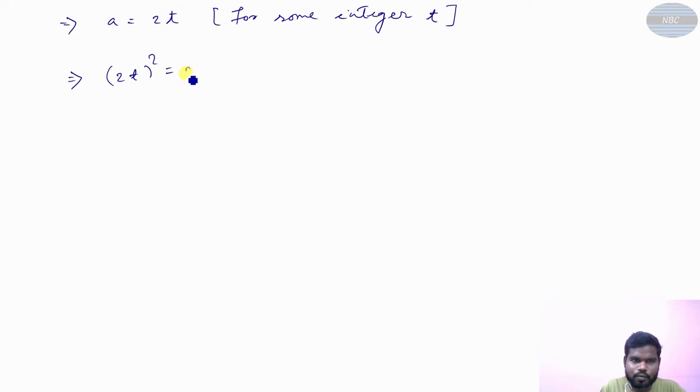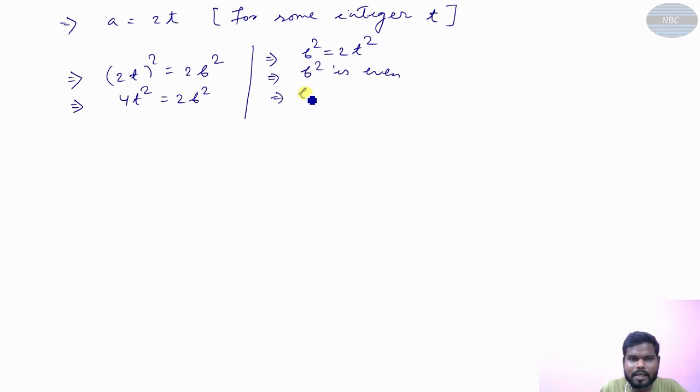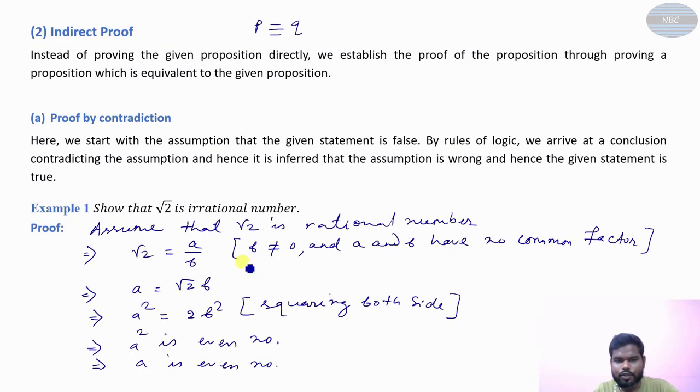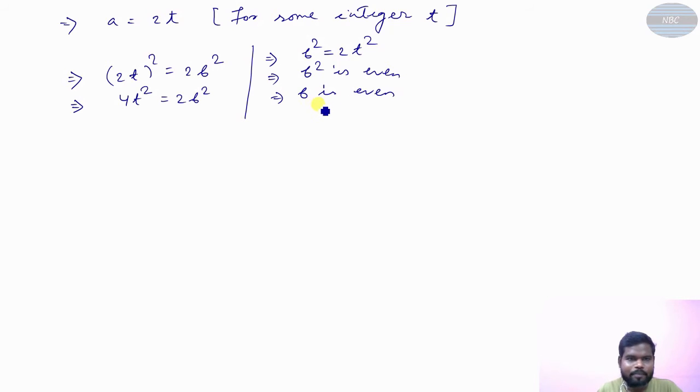This implies 4t square is equal to 2b square, so b square is equal to 2t square, which implies b square is even, which implies b is even. What we assumed was that b is not equal to 0 and a and b have no common factor, but we arrive at a situation where a and b both have a common factor, because a is an even number and b is also an even number.